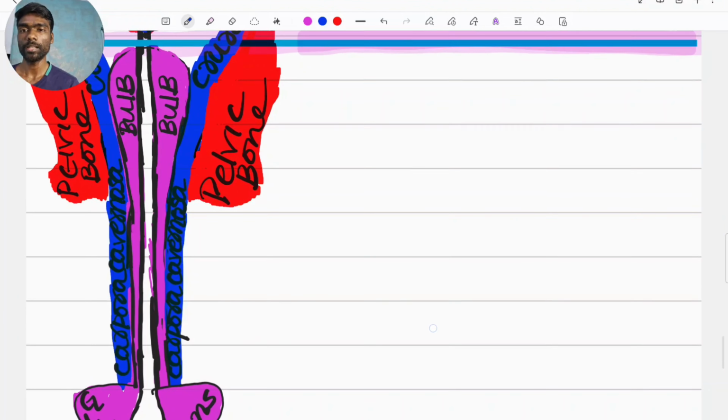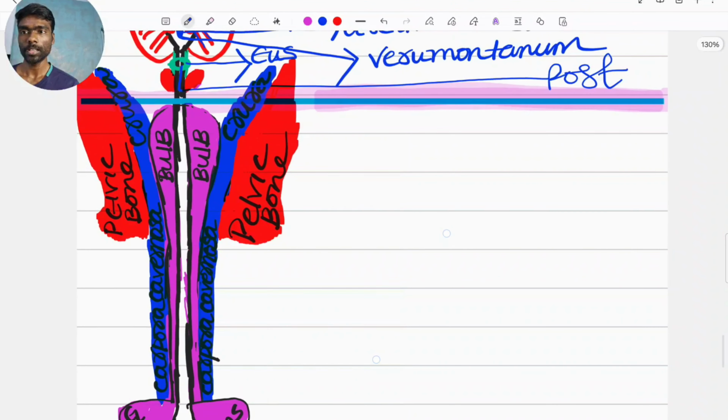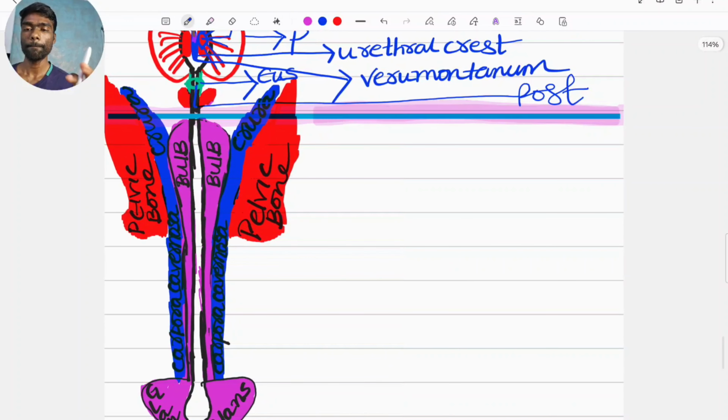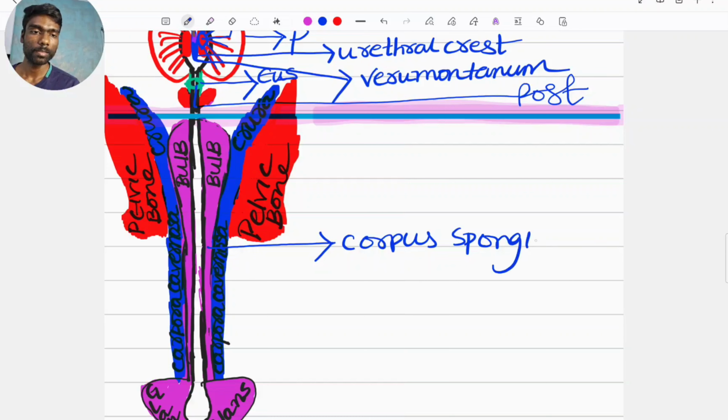Coming to the anterior urethra. Already I told you it lies entirely in the penis, particularly in the corpus spongiosum. There are three cylindrical erectile structures in the penis.